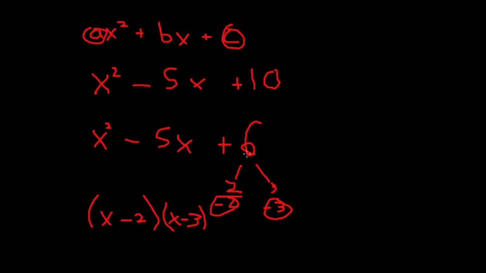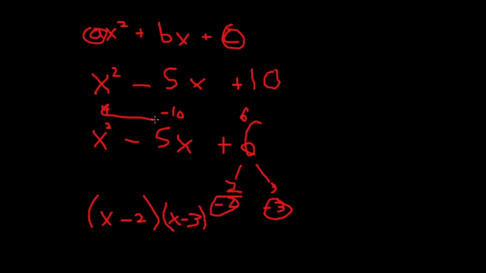So for this equation right here, let's try plugging in 2 for x and 3 for x and see what happens. If we plug in 2: 2 squared minus 5x, which is -10, plus 6, so just 6.